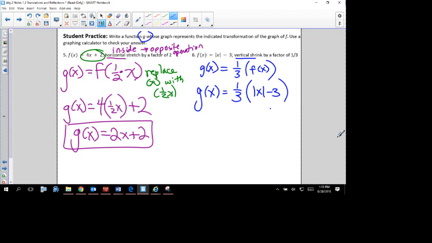Can we simplify that? Yes, you can multiply the 1/3 through with the distributive property. You get 1/3 absolute value of x minus, then we have to do 1/3 and multiply it by 3. So you got to go straight across. You get 3 over 3, which reduces to 1. That's it.